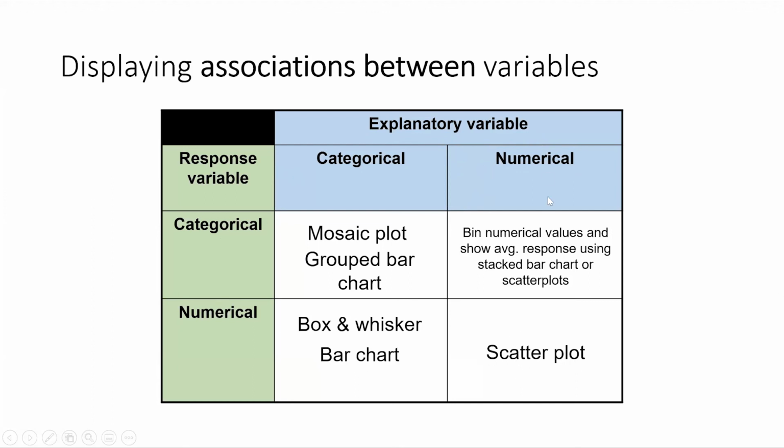And then less common, if the explanatory variable is numerical and the response is categorical, we have to do this kind of weird thing where we bin numerical values and show average response using stacked bar chart or scatter plots. This isn't super common. I'm not going to ask you to do this, but I included it in this chart just for completeness.